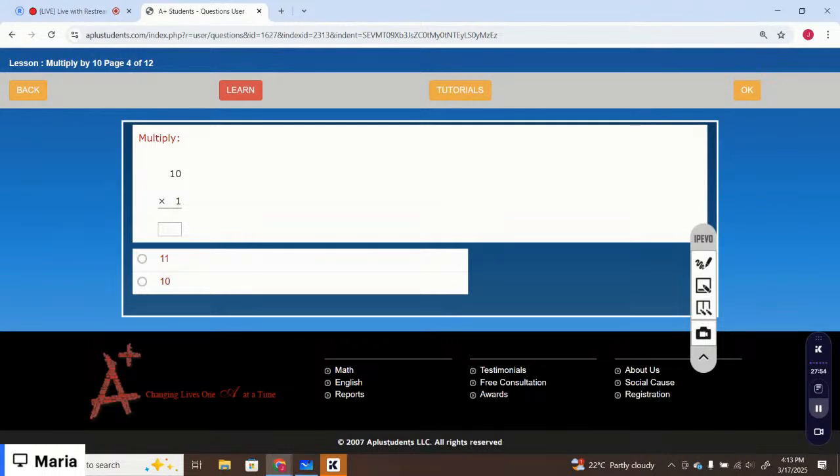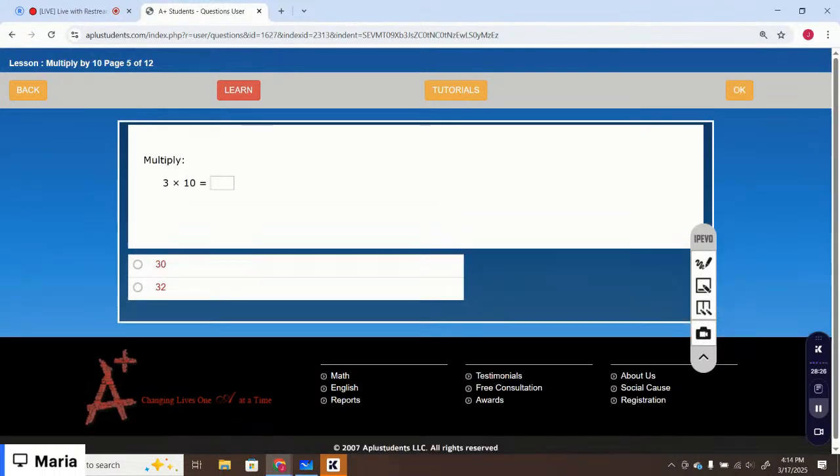Ten times 1 equals 10. Option number 2 is the correct option. Three times 10 equals 30.